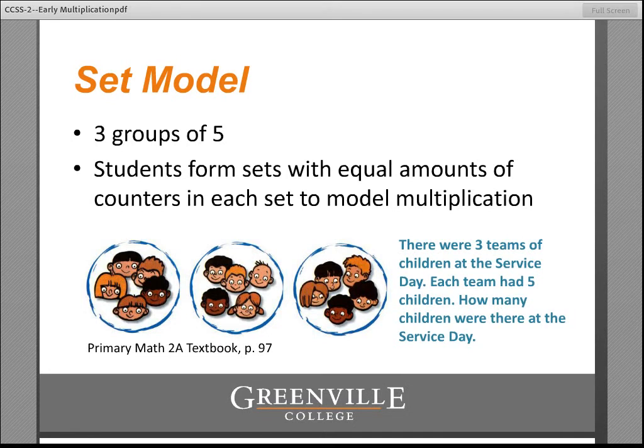Okay? And the set model involves making groups with equal amounts in each group. So when I am telling a multiplication story about bags of cookies where each bag has 3 cookies in it, that's actually a word problem that elicits the set model as the basis of the problem. And children might easily solve it by drawing circles on their paper to represent the bags and then drawing inside it the numeral 3 or 3 items representing the cookies inside each circle.